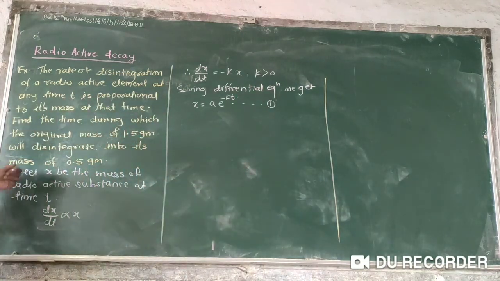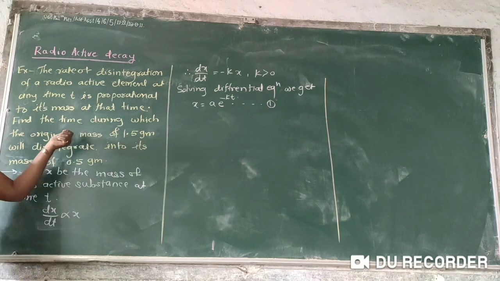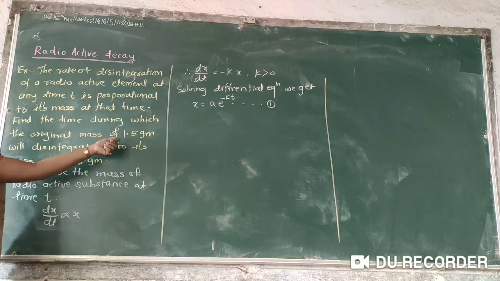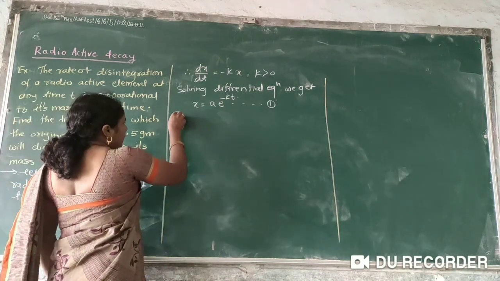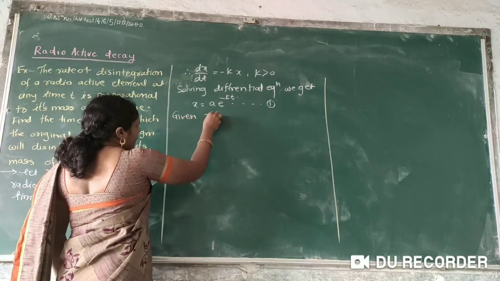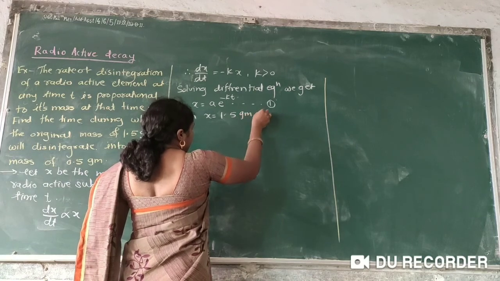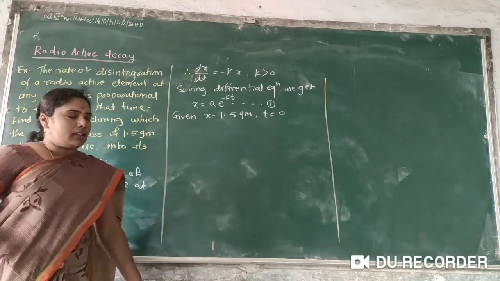Next, given that the original mass is 1.5 gram, that is, if time is 0, then the value of x is 1.5. Take this given value, x is equal to 1.5 gram at time t is equal to 0. Substitute this value in equation 1.